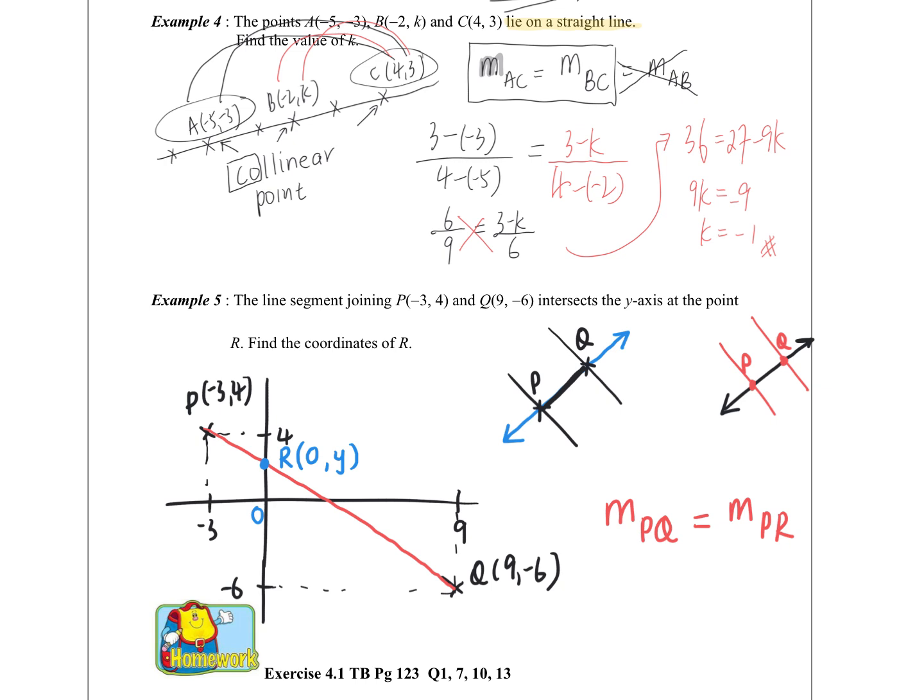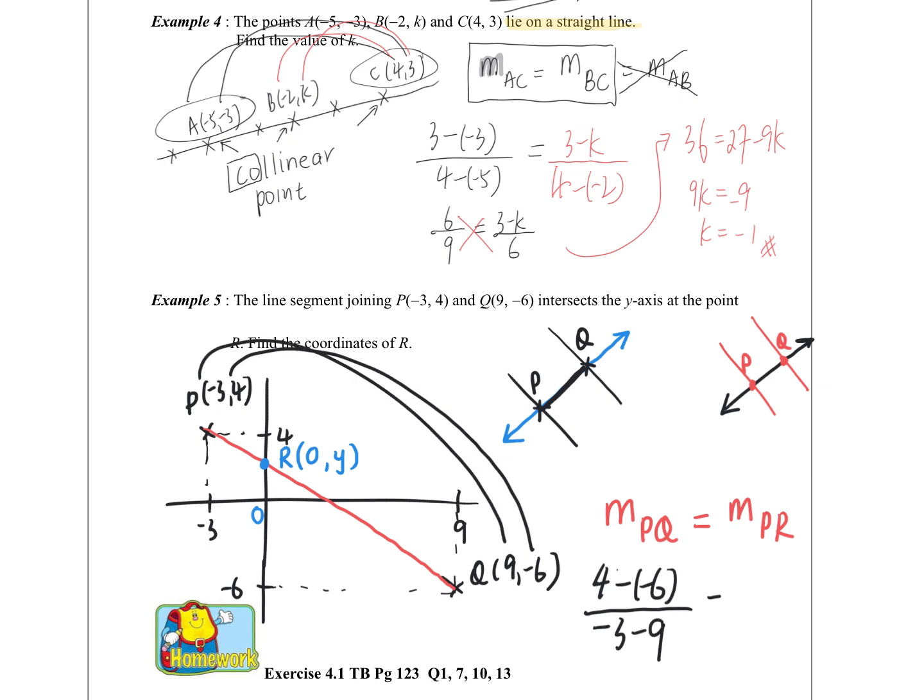So I set up my first gradient. I use 4 minus 6 over negative 3 minus 9. Negative 3 minus 9 is equal to my PR, right? So 4 minus y over negative 3 minus 0.